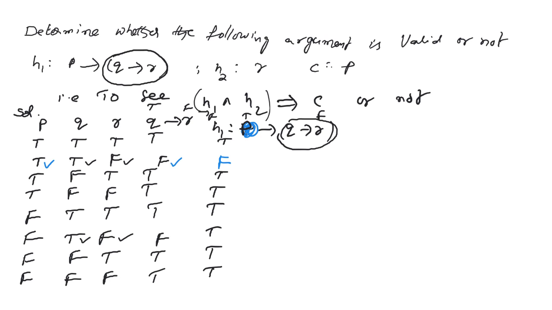So H1 is in hand, H2 is also in hand. Let us go for H1 and H2. Our H1 is this, and our H2 is R. Let us highlight these in green color. This is R, and this is H1. What I need is their conjunction. Conjunction is true only when both H1 and H2 are true. That means I am looking for TT combinations in these columns.